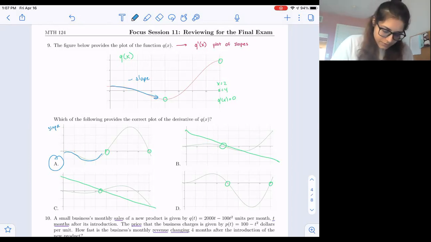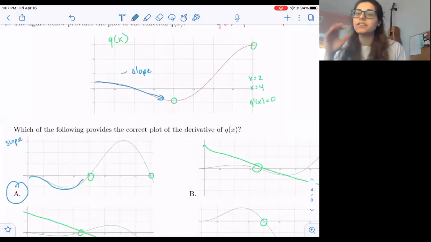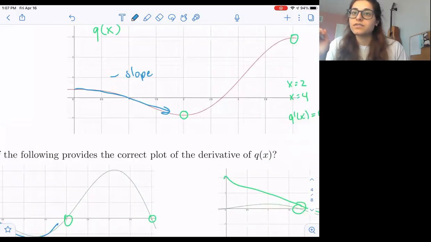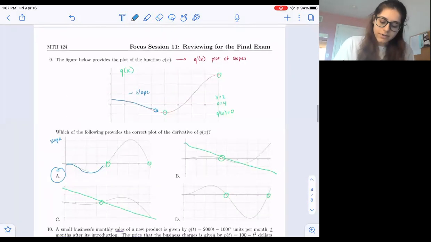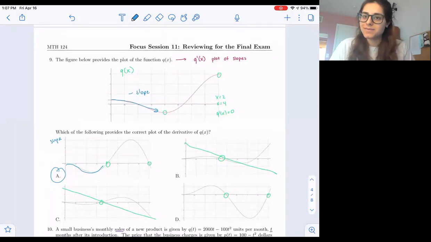Why wouldn't x equals 1 be a critical point? Okay, so remember, critical points are where the derivative function crosses the x-axis and where the original function has a maximum or minimum. So in our original function, our critical points are where we have maximums and minimums. In our derivative function, our critical points are where it crosses the x-axis.